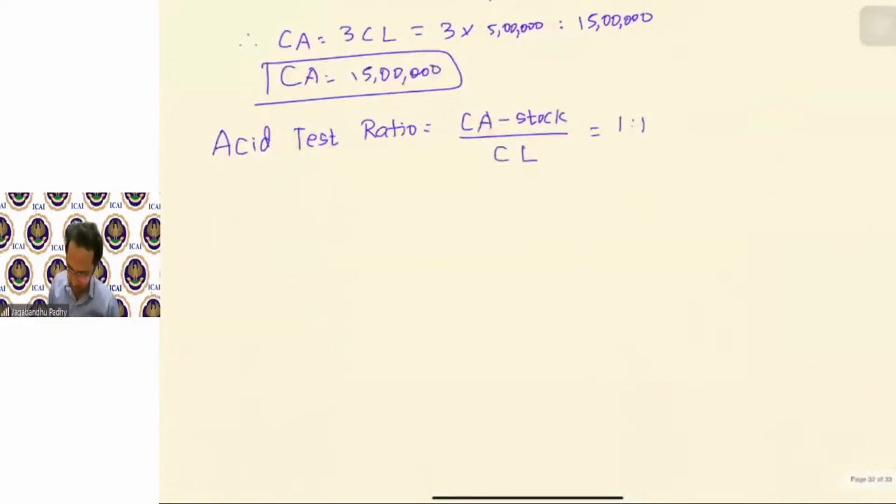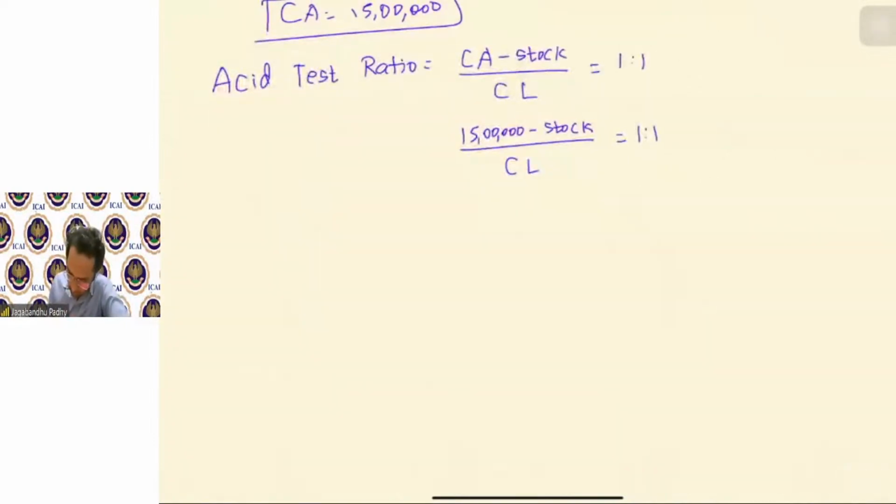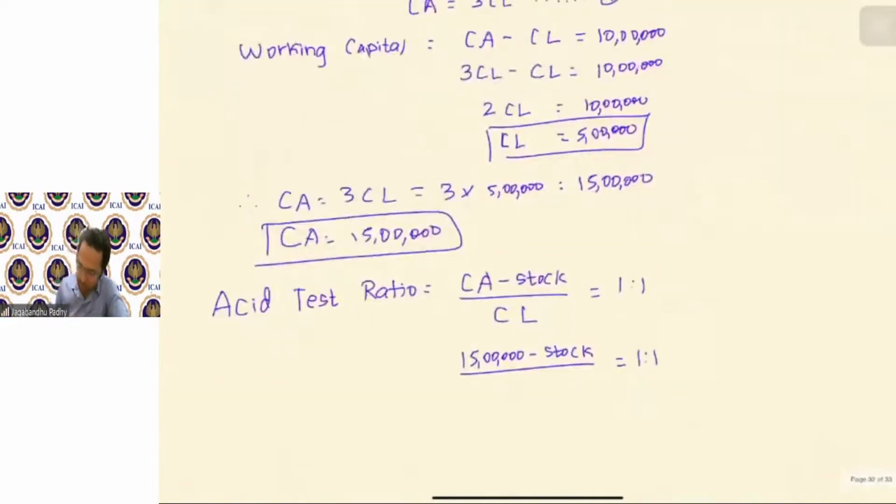Current asset minus stock is 15 lakh minus stock, upon current liability, is given as 1:1. And current liability is what we have already calculated, which is 5 lakh.